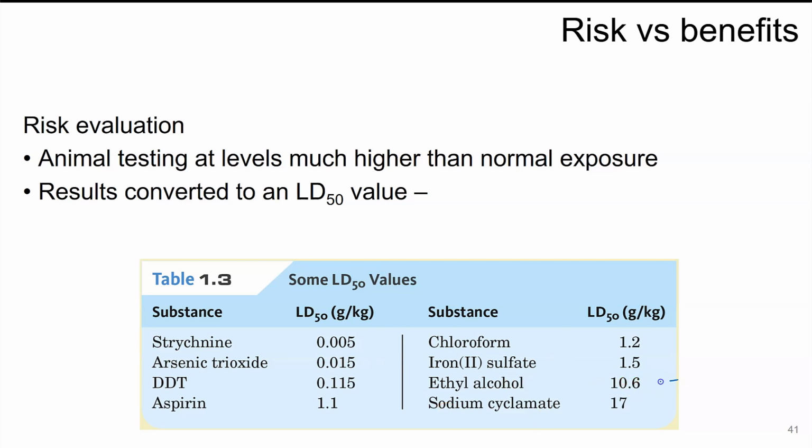Ethyl alcohol, which is in our alcoholic beverages, is 10.6. So they tested the atrazine in animals at a much higher level than you would see at normal exposure. The results were converted to an LD50 value, which is at 100 people, 50 die. The LD50 came out to be 1 to 4 grams per kilogram.